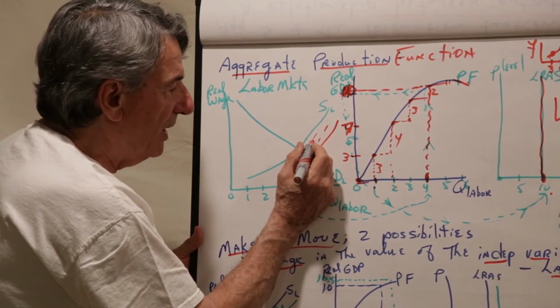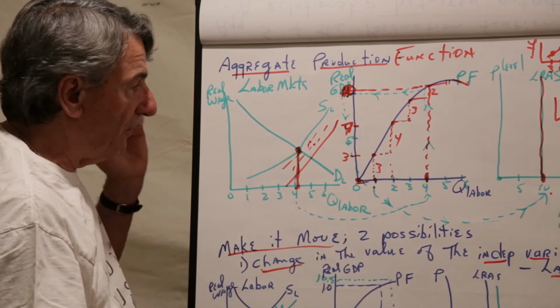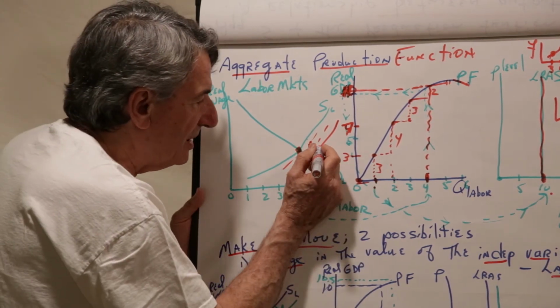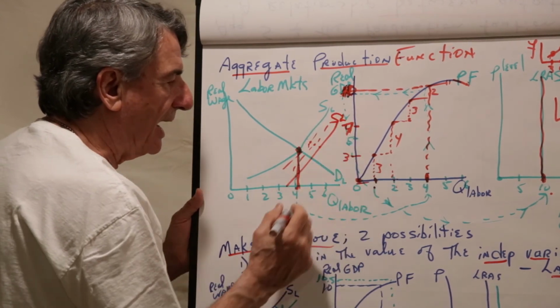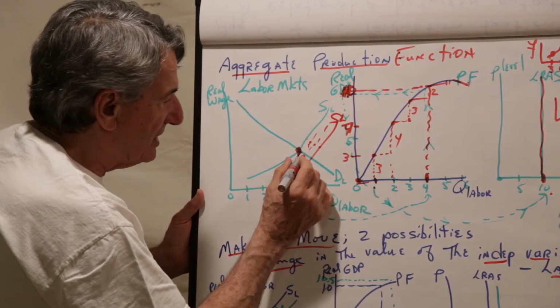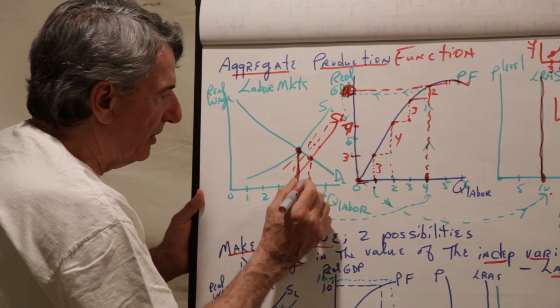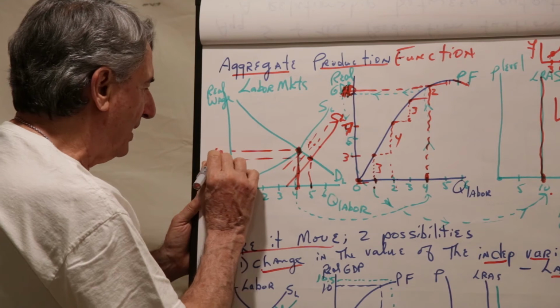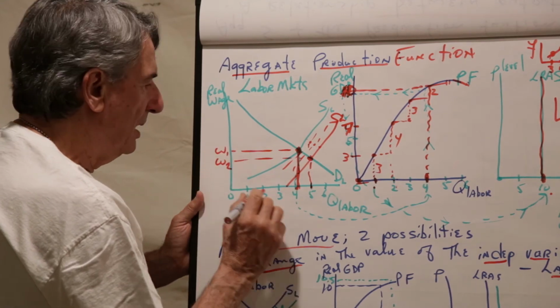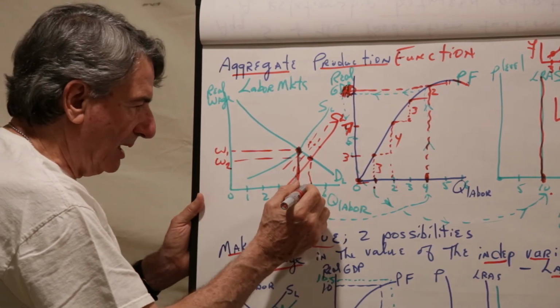The second was women coming into the labor force in record numbers, and the third was immigration. So we got wham, wham, wham, and the supply of labor increased dramatically in that period, and as a result, we had a new equilibrium quantity of labor, 5, and the real wage did go down a bit.